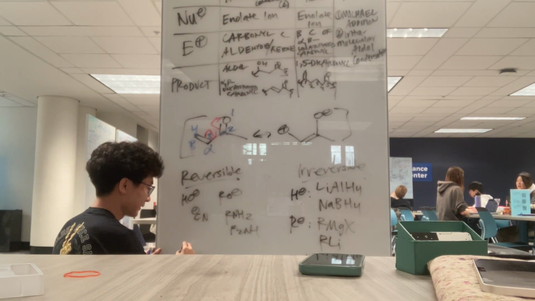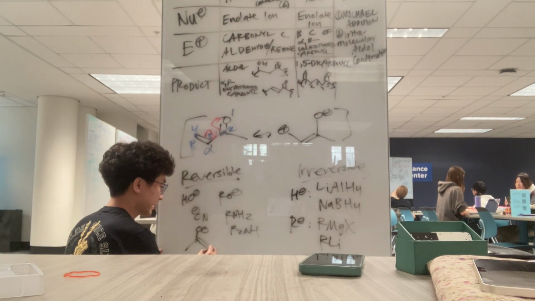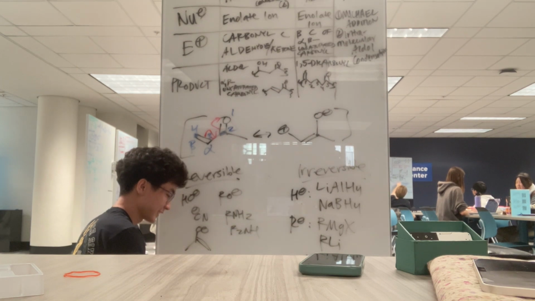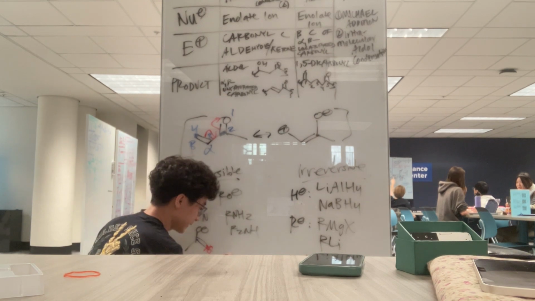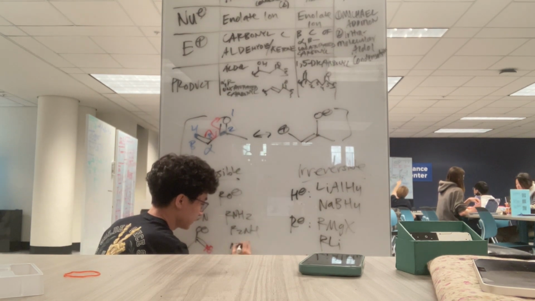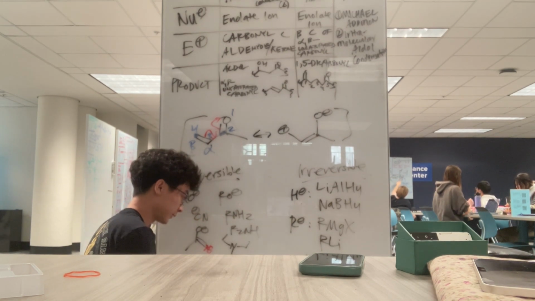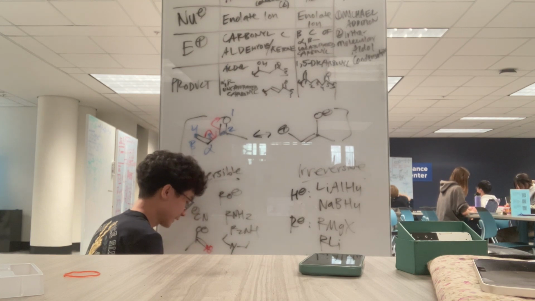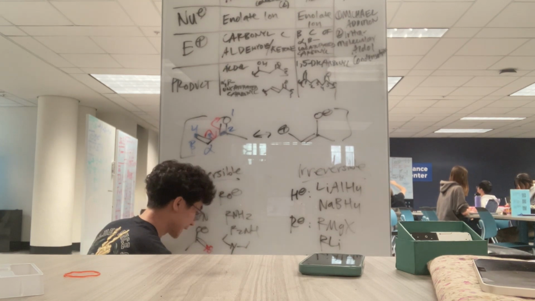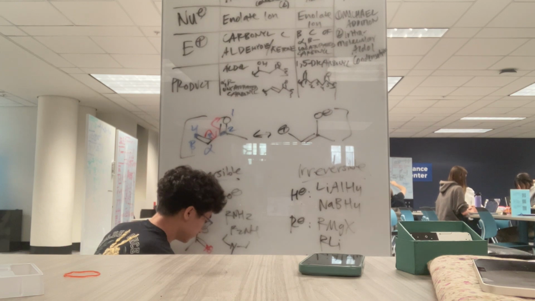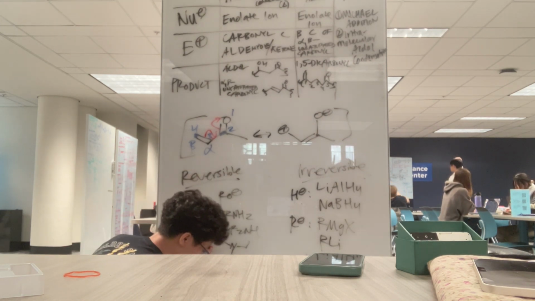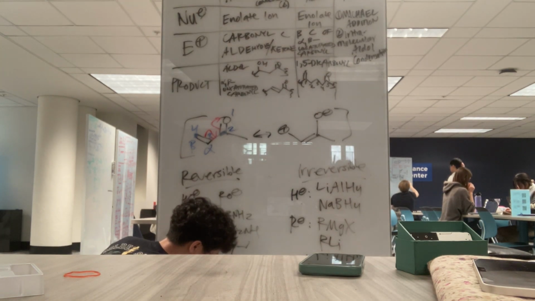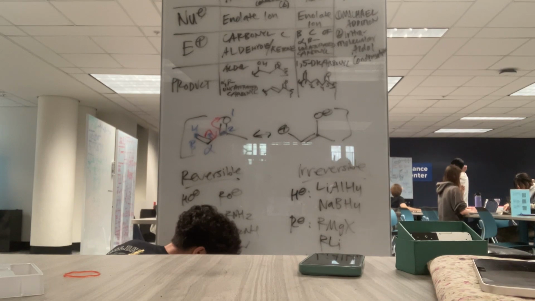This is the important one, your enolate ion, but the nucleophile here is the alpha carbon. Even the enamine, if you have an enamine, the alpha carbon is the nucleophile. And this new reagent here, organocuprate. Right, and you could see it like this sometimes.